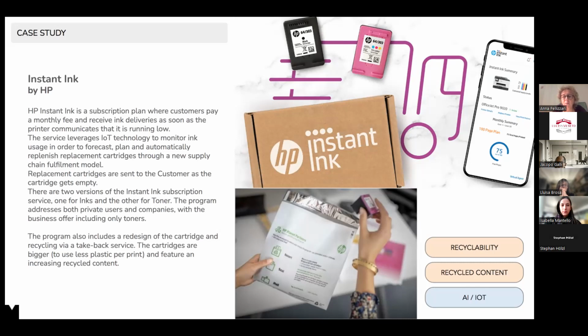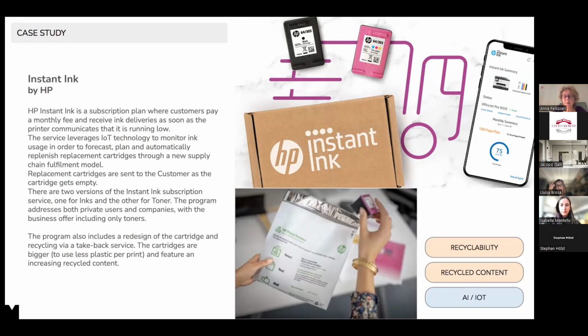Basically, the system works with a subscription service where the printer is connected via IoT and tells your ink provider, which is HP, when the cartridge is going to be over. So you would be sent automatically the new cartridge, and you would not remain without your cartridge for print.